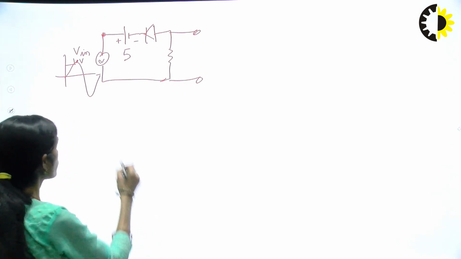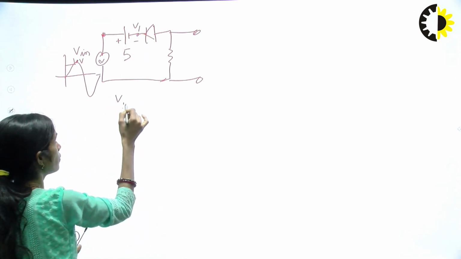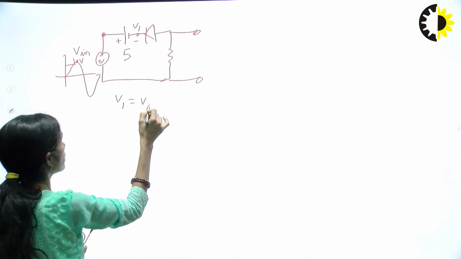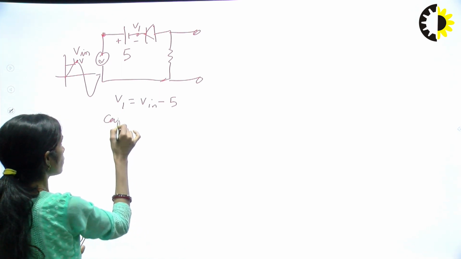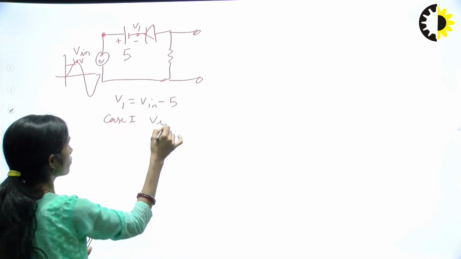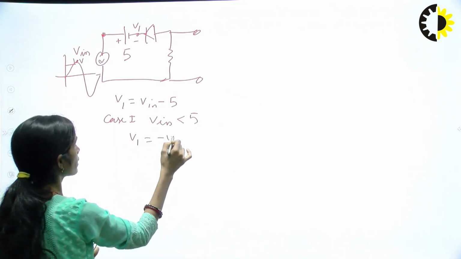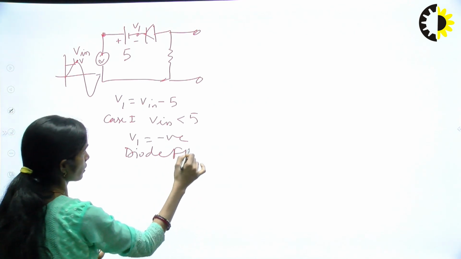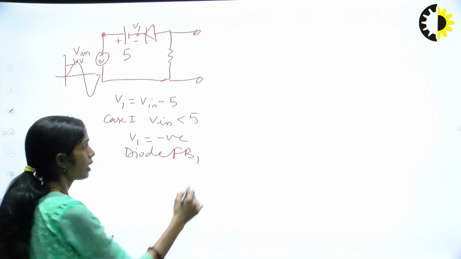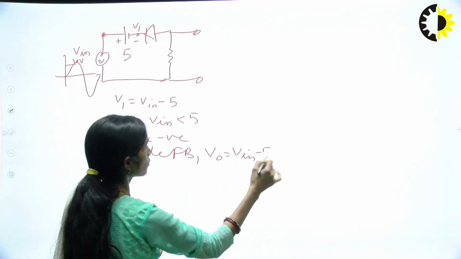In this case also, if I am considering this V1 voltage, V1 is taken as Vin minus 5. Only the case 1 here: if I take Vin lesser than 5, in this case V1 will be negative, and the diode will be forward bias first, and the Vout obtained here is equal to Vin minus 5.